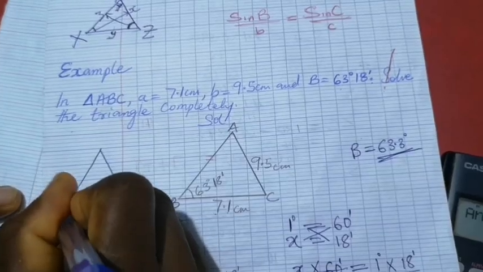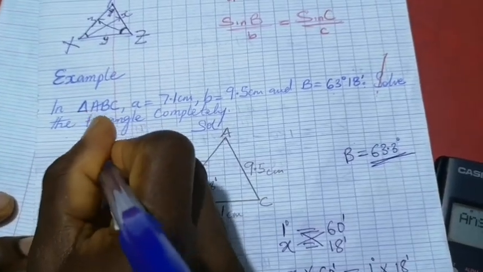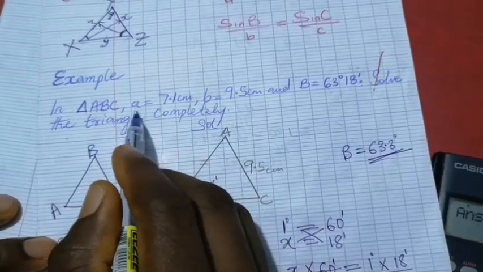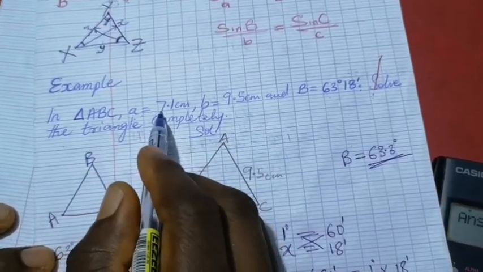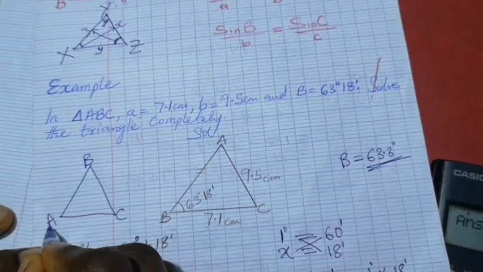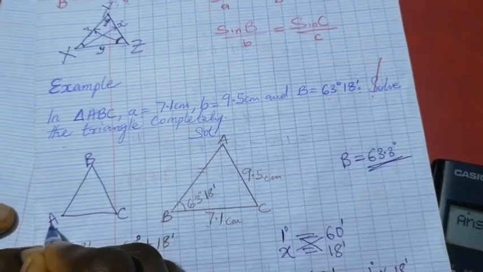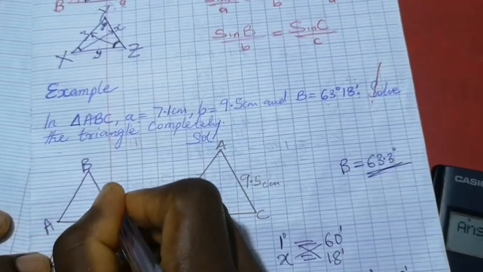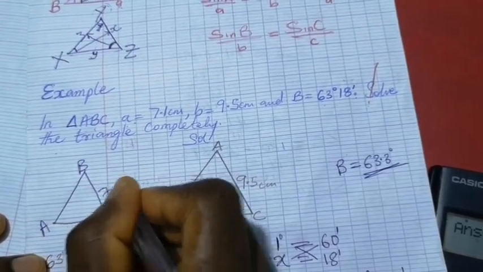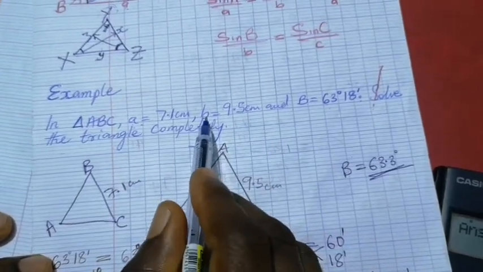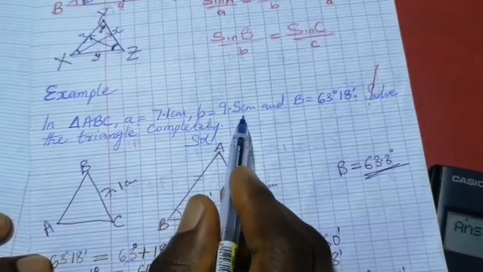You can even start here A, B, C. Now side A is 7.1. Since you label here capital letter A, then side A will be here, which means here will be 7.1 cm, and also side B is 9.5 cm.